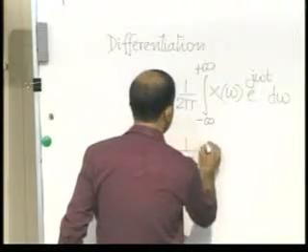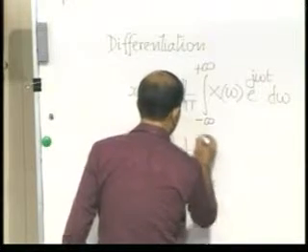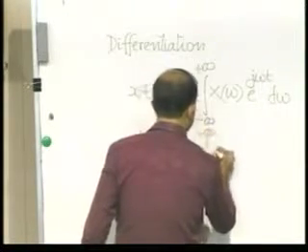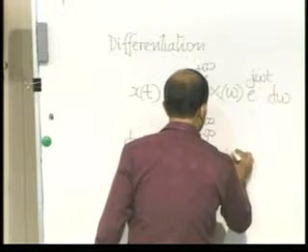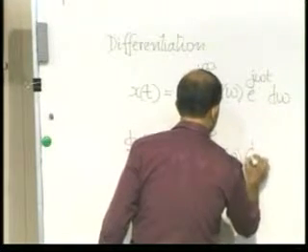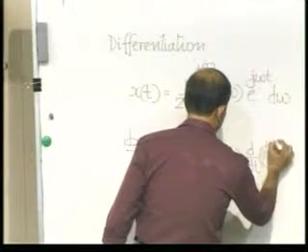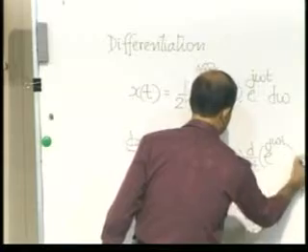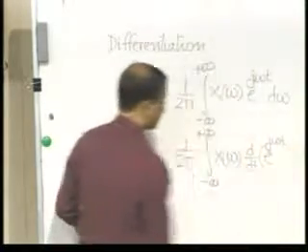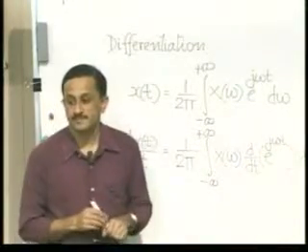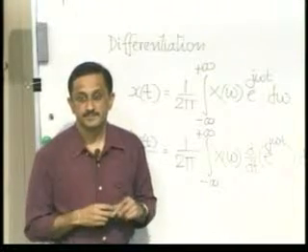So, clearly this would be integral minus infinity to plus infinity X of omega.